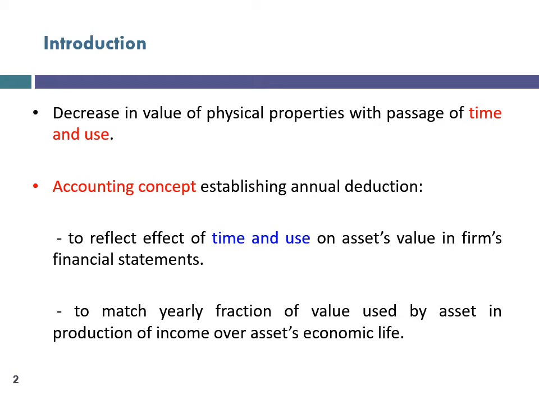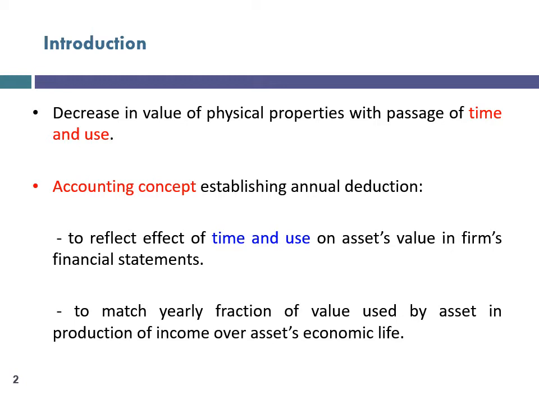So it is said that if by using an asset you produce an income, then since the value of this asset is reduced, you can subtract this loss of value of the asset from the taxable income, although it is not a cash cost.